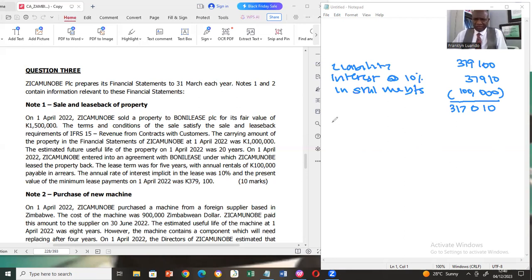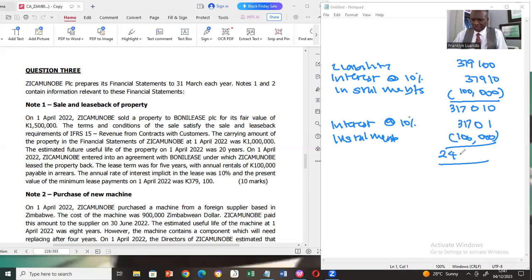The following year, you only need to do 2 years. Interest at 10% on 317,010 is 31,701, less the installment of 100,000. We have 248,711.